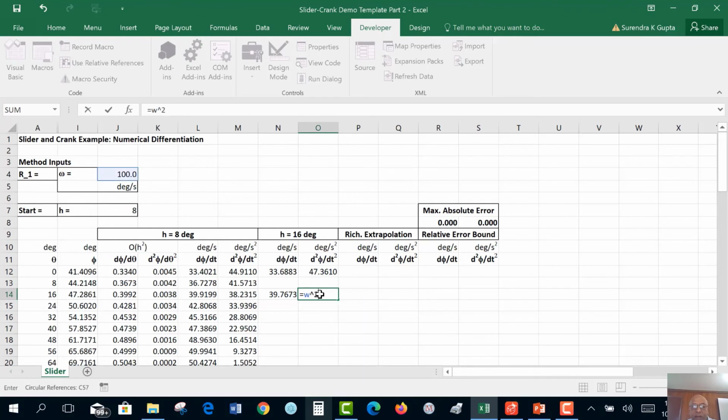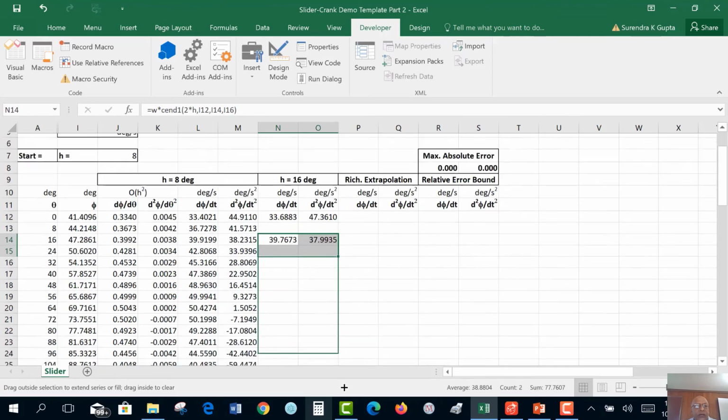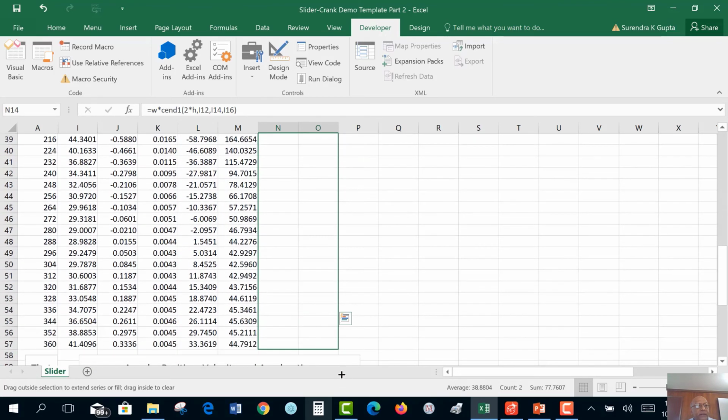Omega squared times central derivative 2 times h spacing. This also requires only 3 values. So previous, current, next. We are skipping a row, so we'll take the skip formula and copy it all the way down to row number 55.